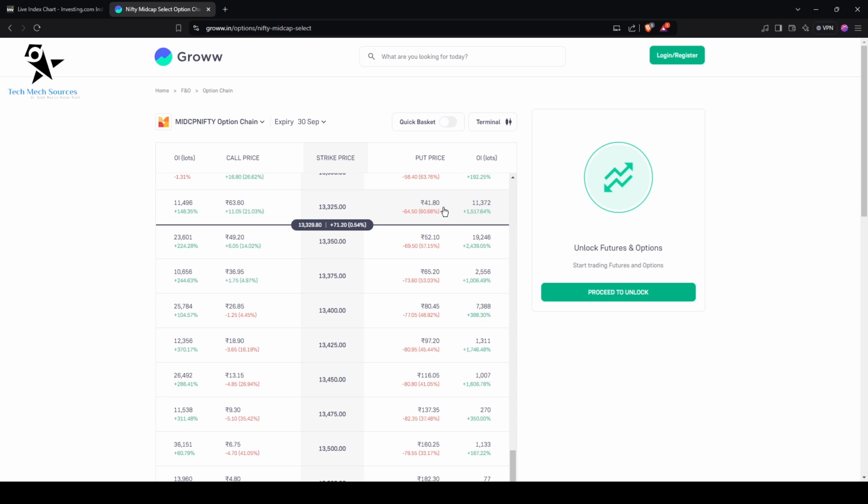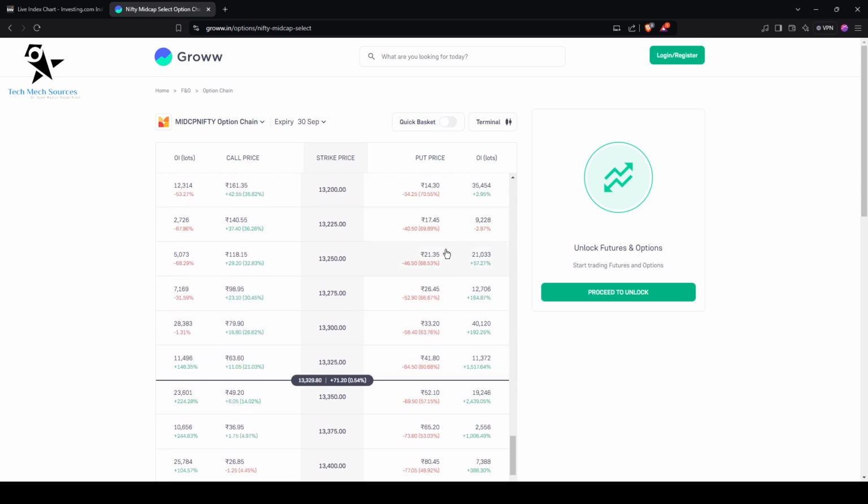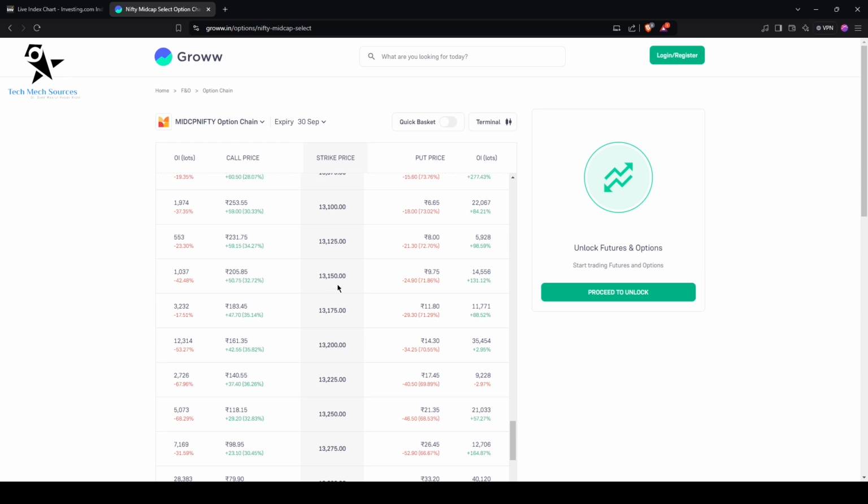13,350 call, and 13,325 is how much? It's 41.8. So it is at a gap of 25. If you further go back, then you can see 33.2, 13,300 put, 27.5, 26, and so on until you reach 13,150.